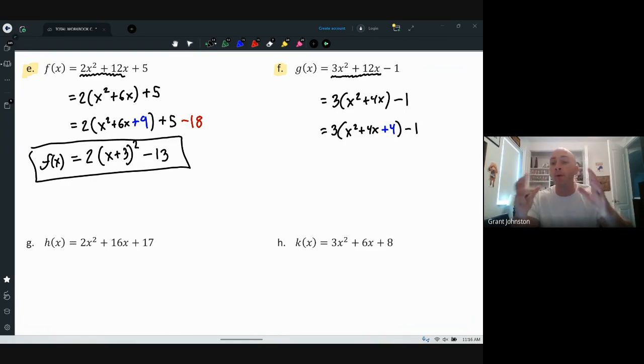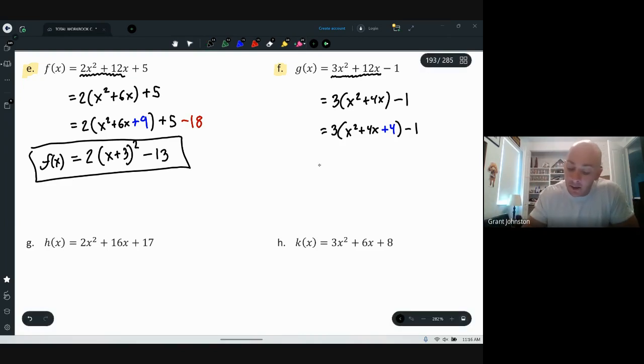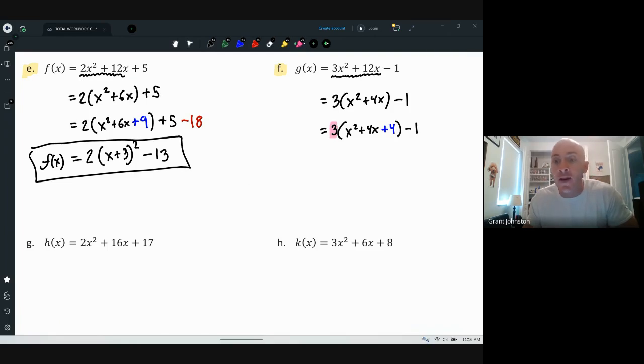But again, boom, I just added out of thin air a 4 to that side of the equation, and I need to counterbalance it for the equality to maintain itself. So you might think, oh, we just need to subtract a 4. But hold on, I didn't really just add a value of 4. Because this entire parenthesis is being multiplied by that 3, I technically added a 12.